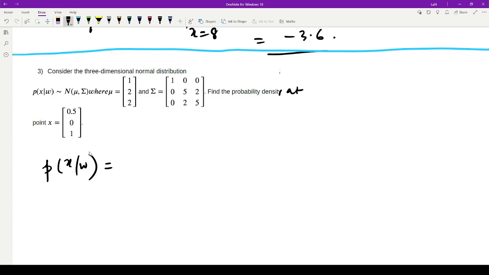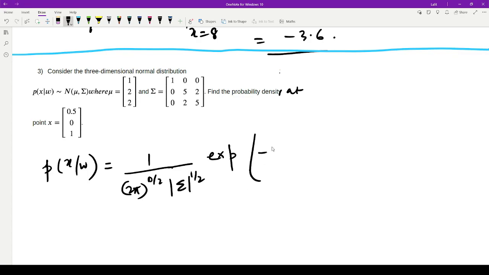Anyone? 1 by 2 pi to the power d by 2 into determinant of the covariance matrix to the power half, and exponential of minus half times x minus mu transpose, the covariance matrix inverse, and x minus mu.